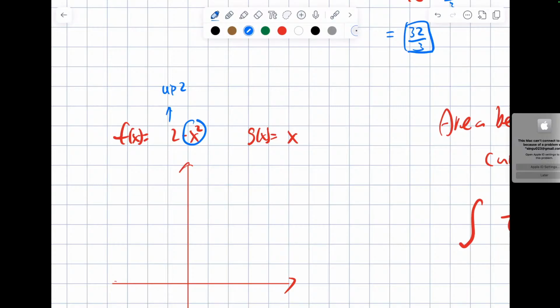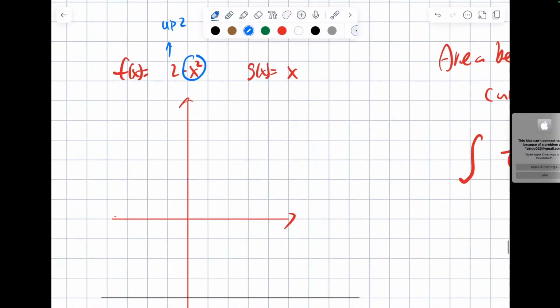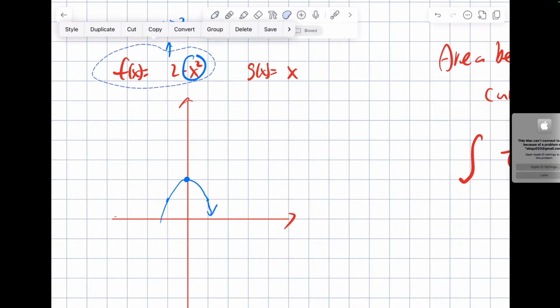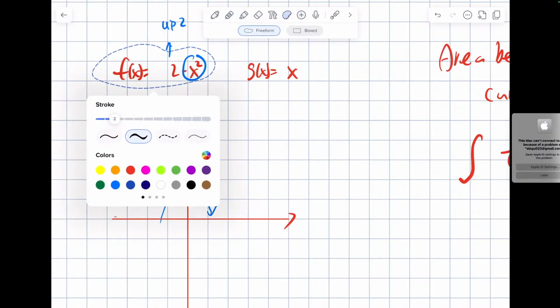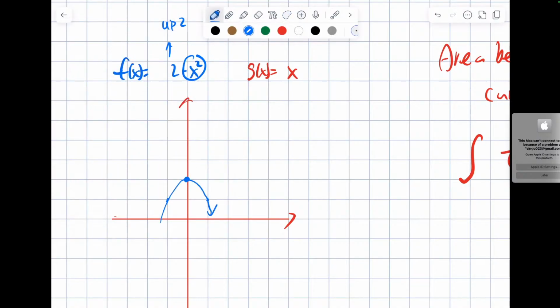Negative x squared is facing down. So the vertex goes up 2 units. Is that okay? So it's going to be 2 units like this, and then it's going to face down. So we don't know how to graph it like this, but that's okay. We do know that this part, we're going to put as the blue part. And y equal to x is the red part. We know how to graph that. Does that make sense? It looks like this, right?